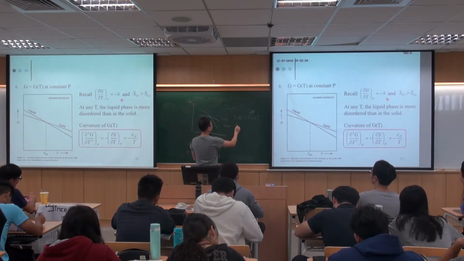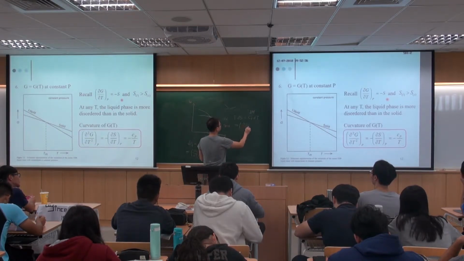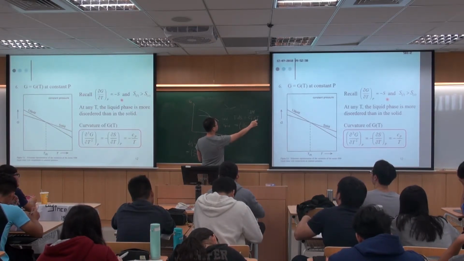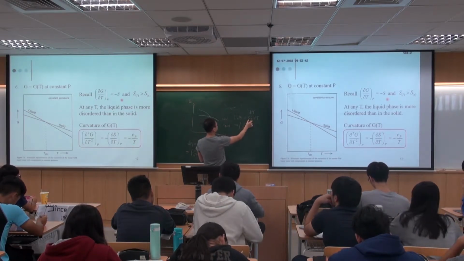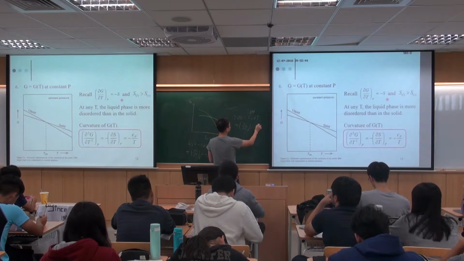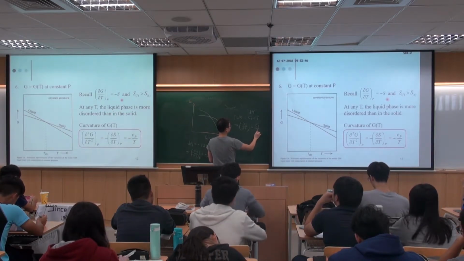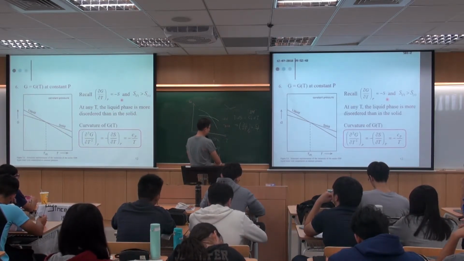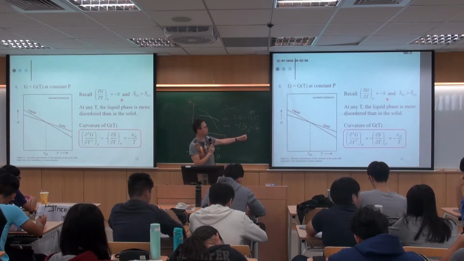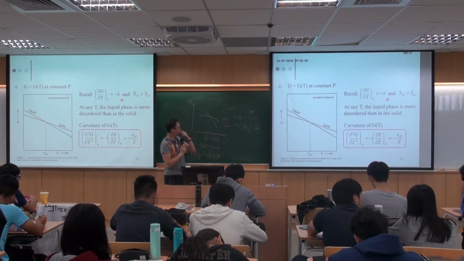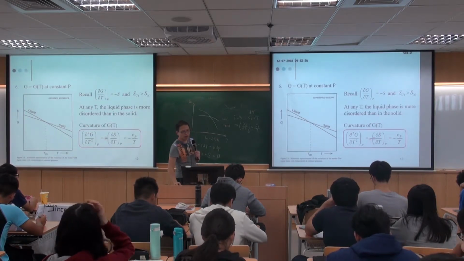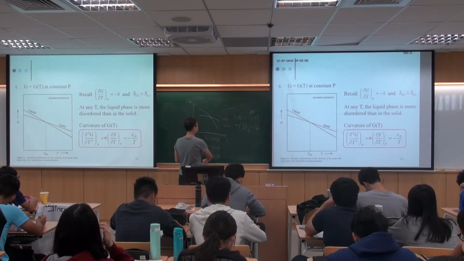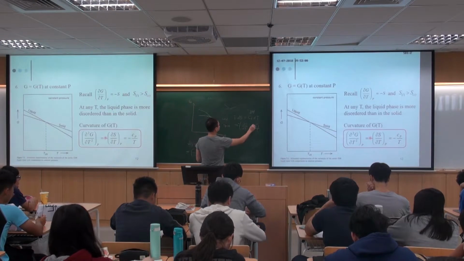Therefore, partial S partial T, you simply move this term over here, and this takes place at constant pressure. Of course, you have a minus sign here.